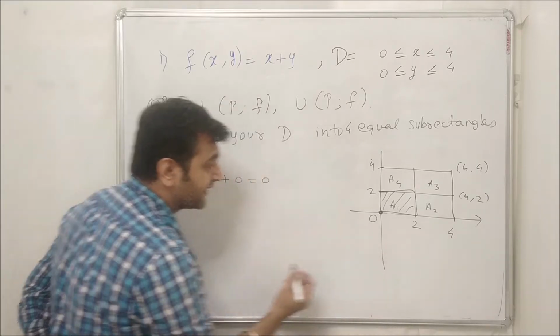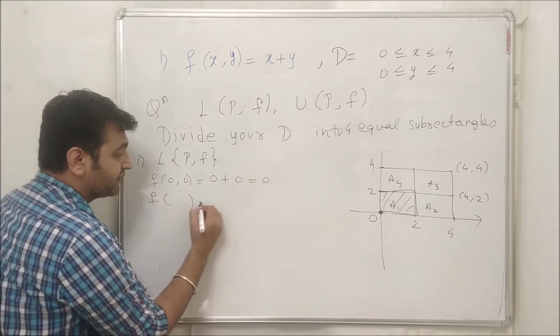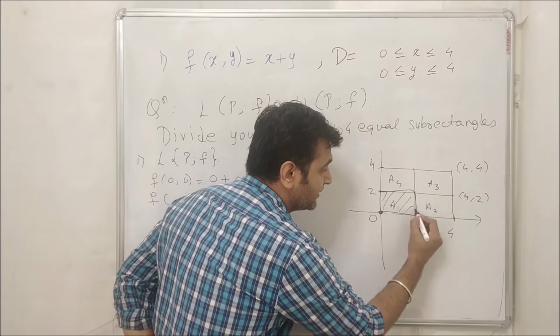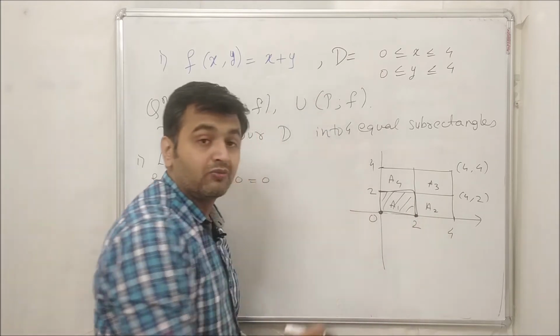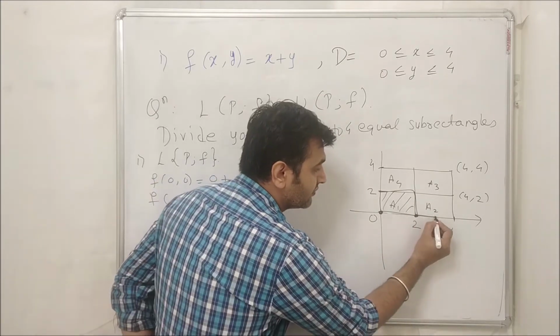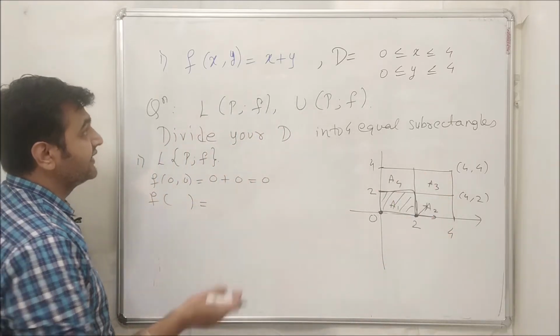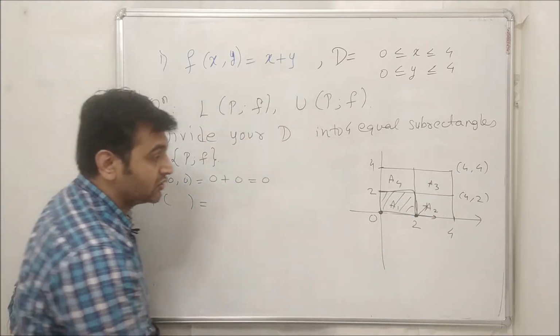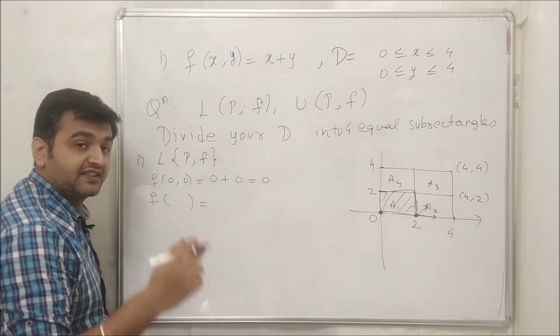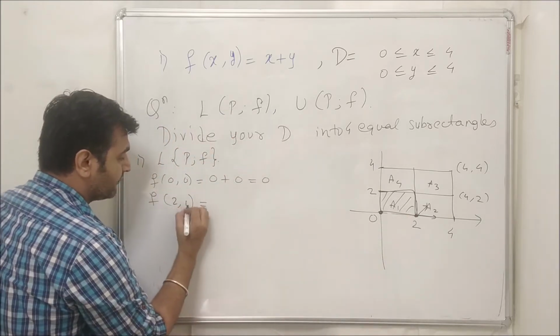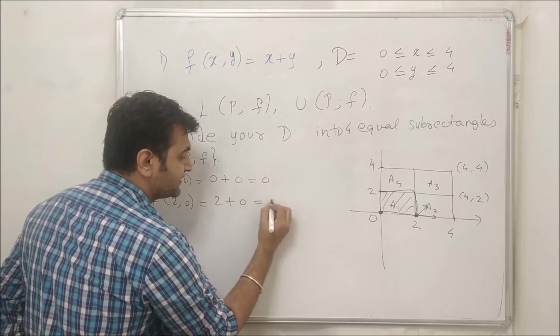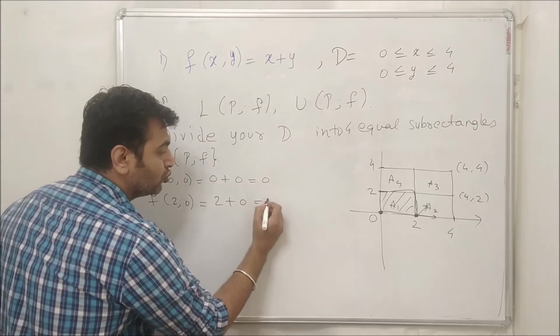Now go to the second rectangle. At which point will the function take the minimum value? Obviously it will be (2, 0), because as you go away from this, x and y increase and x plus y becomes larger. So f(2, 0) is 2 plus 0, which is 2.